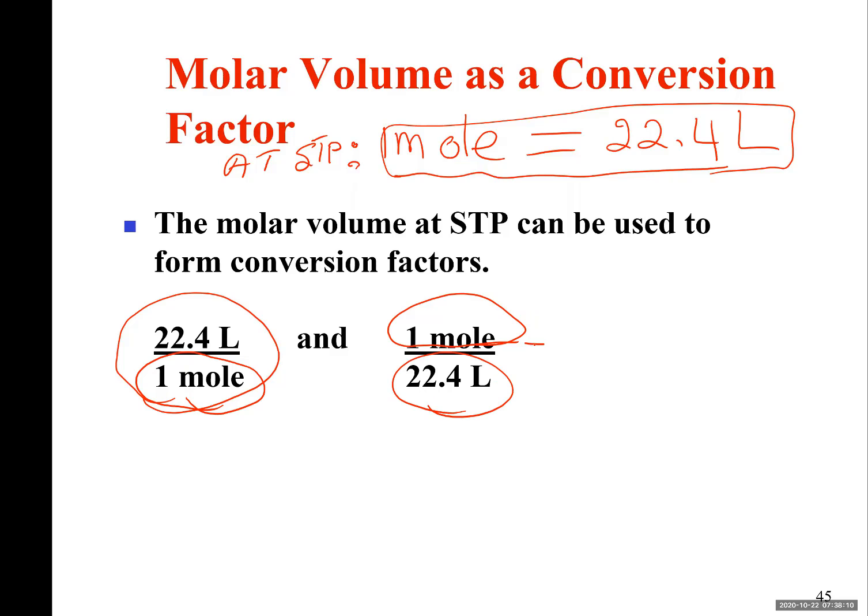These are equal to 1. These are conversion factors that I can use to convert number of moles of any gas to number of liters, at the standard temperature and pressure. Or if I give you number of moles of any gas, you can calculate the volume if that system is under STP. So now you have 2 conversion factors that you can convert moles to liters or liters to moles under STP.